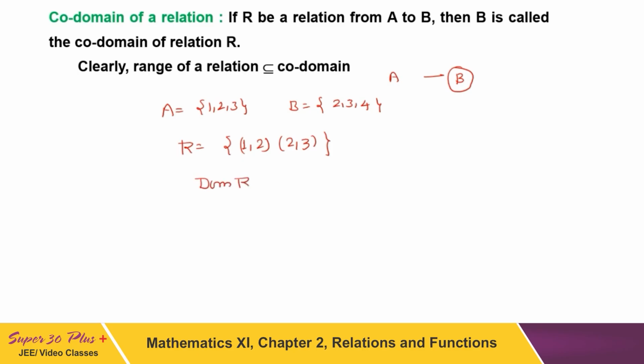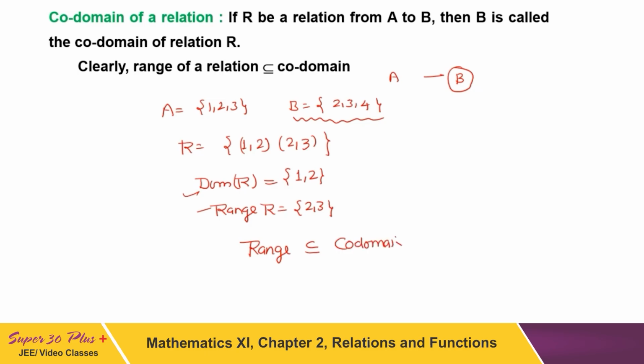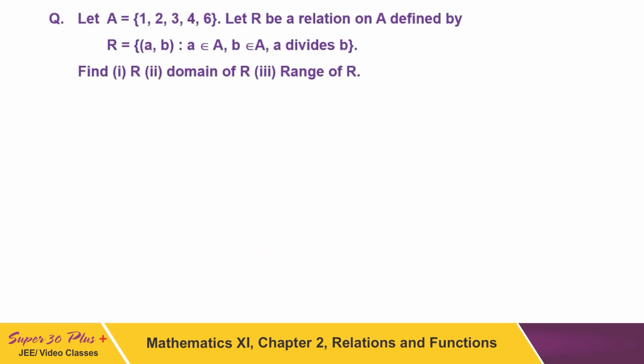Dom R, or you can say the domain of the relation, is {1, 2}, and the range of the relation you can see is {2, 3}. And what is the codomain? Codomain is the whole set B, and as we see here, codomain and range, and the range is always a subset of the codomain.